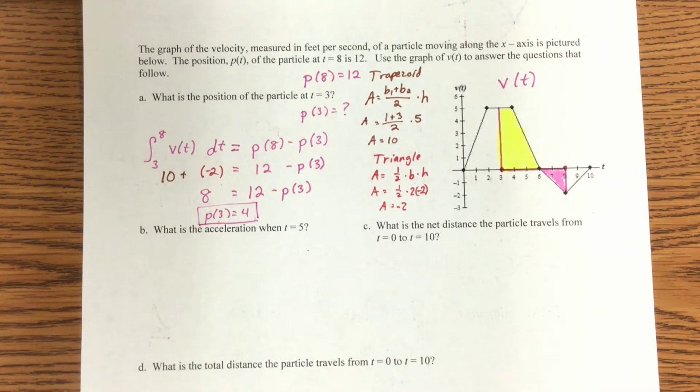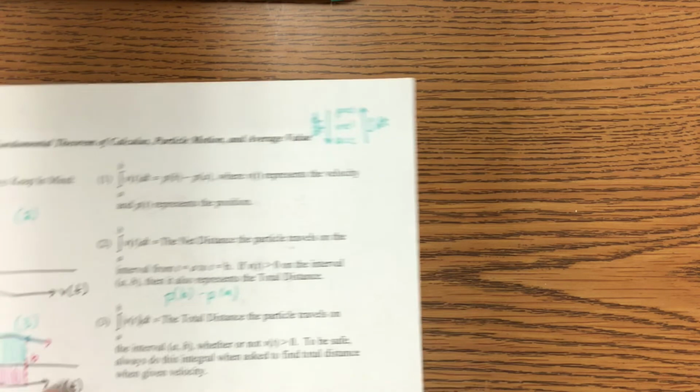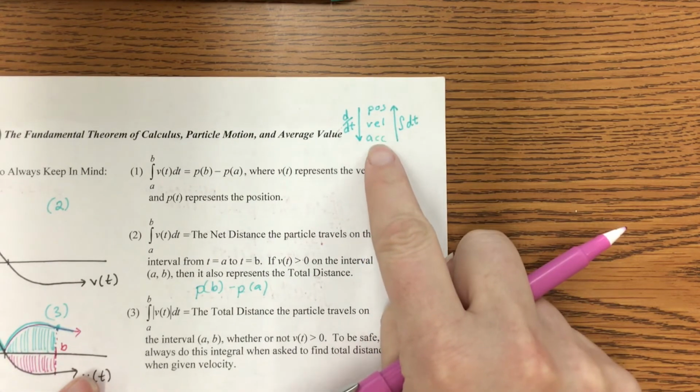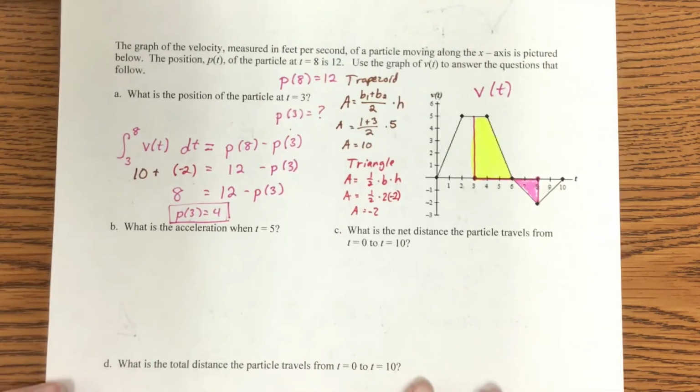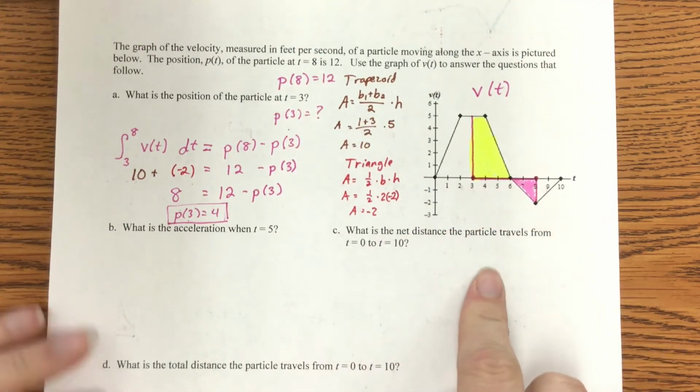B, what is the acceleration when t equals 5? The function that we have is velocity. Velocity to acceleration, you take a derivative, right? Going through this list, velocity to acceleration, you take a derivative. We're not given an actual function written out. We are given a graph.